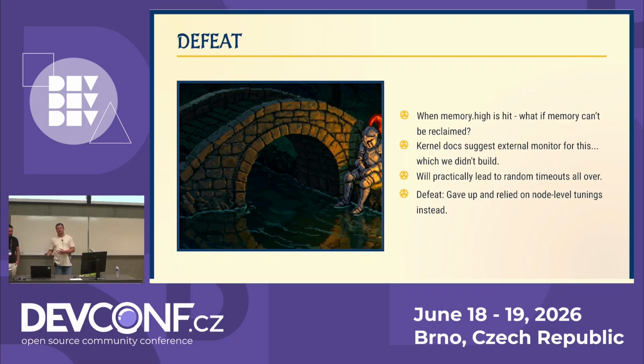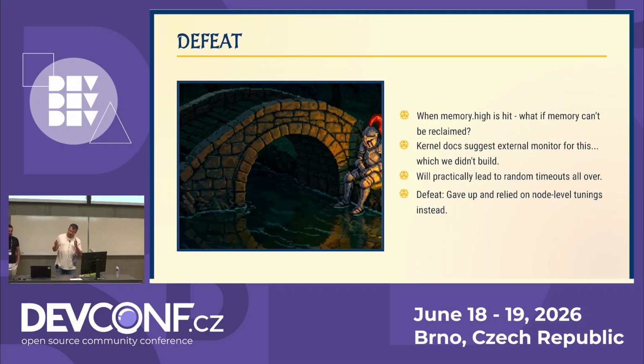The kernel will scan the pages, and your application will basically block on memory allocation. So we had random timeouts from the application running inside the pod during the memory reclamation. And we found that in the kernel docs, they tell you to create a custom external monitor that will solve the memory shortage while the kernel scans the memory when the memory.high threshold is reached.